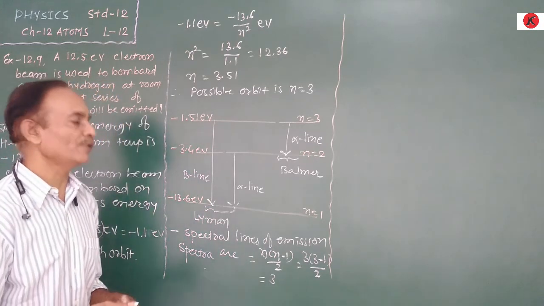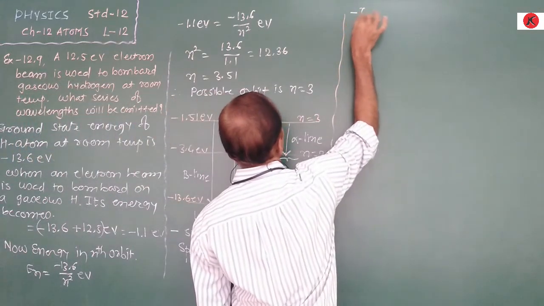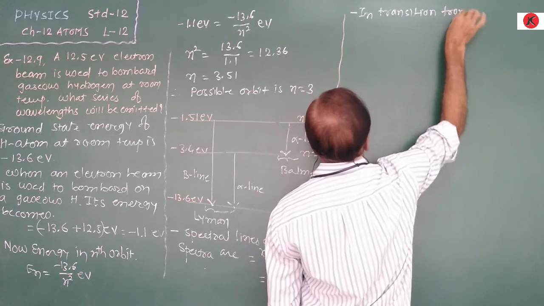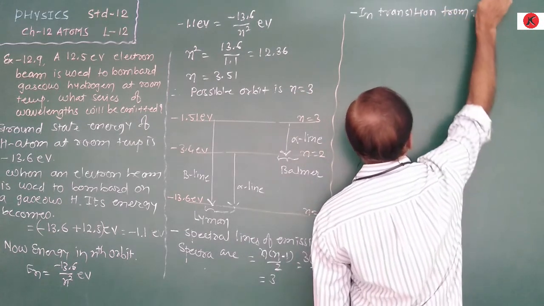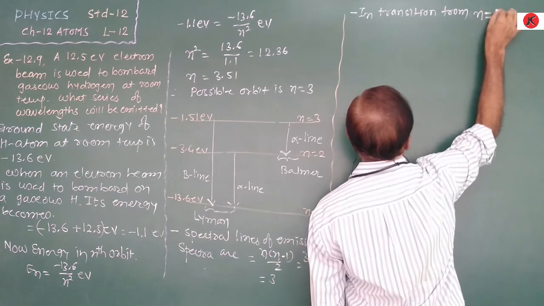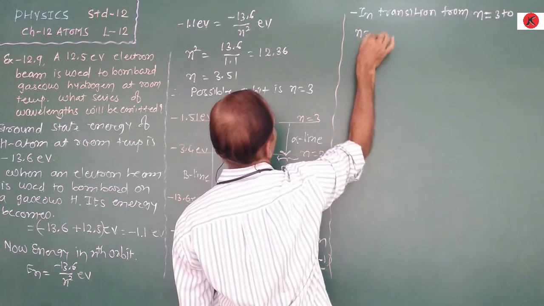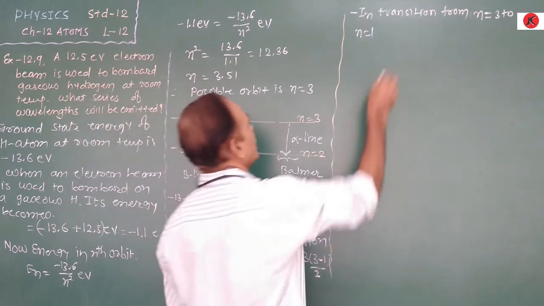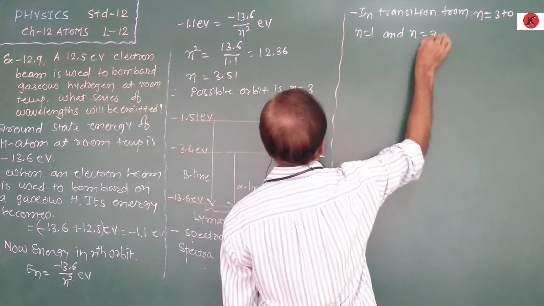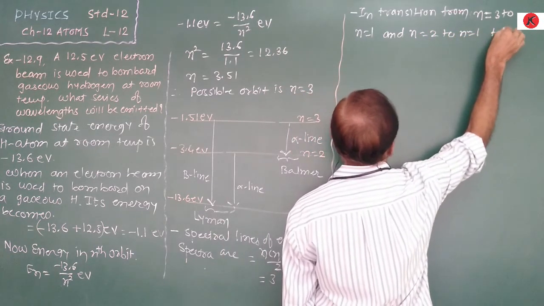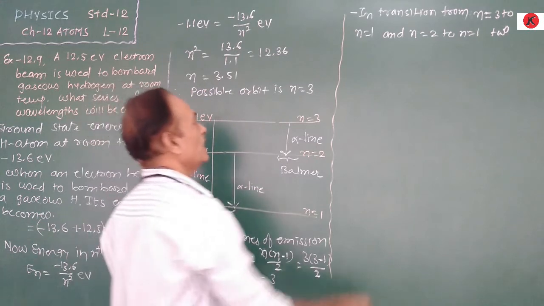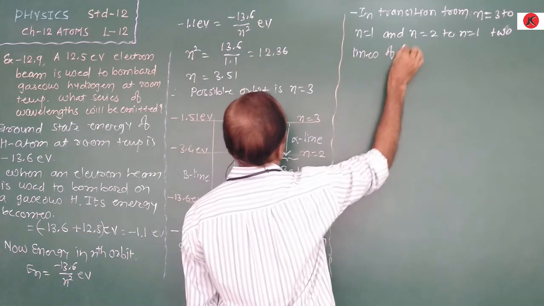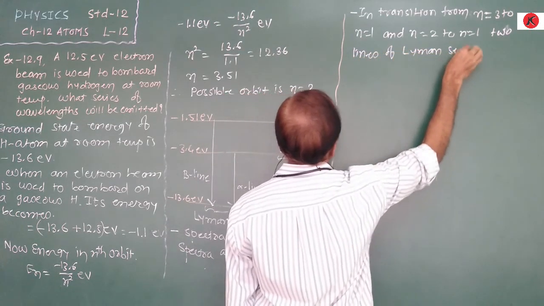In transition from n equal to 3 to n equal to 1, and n equal to 2 to n equal to 1, two lines of the Lyman series are obtained.